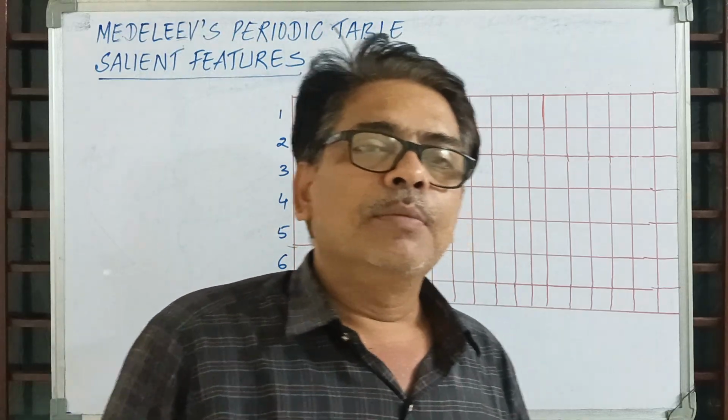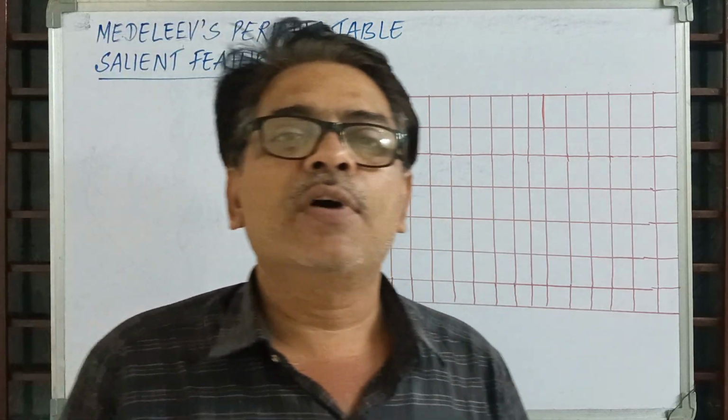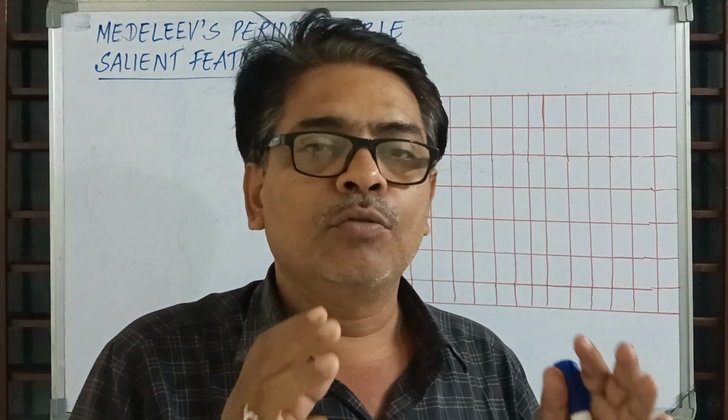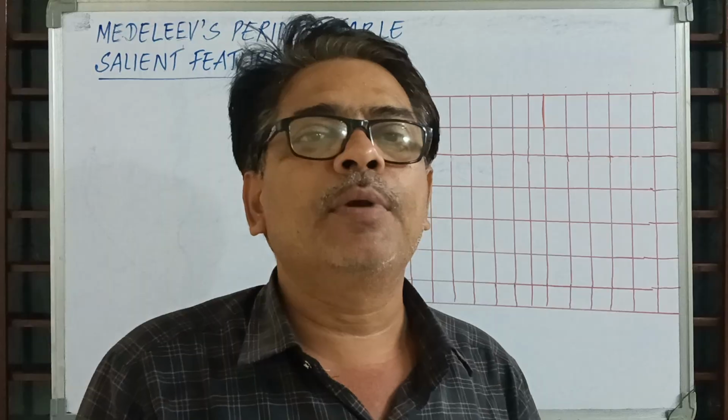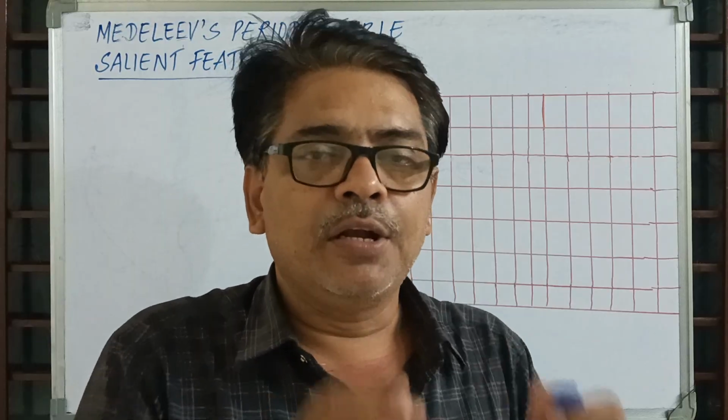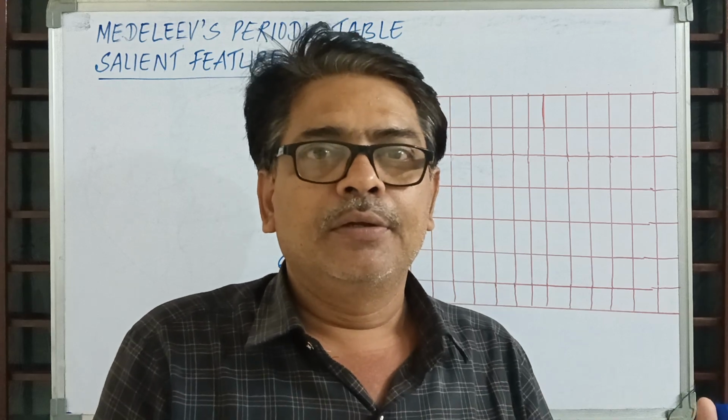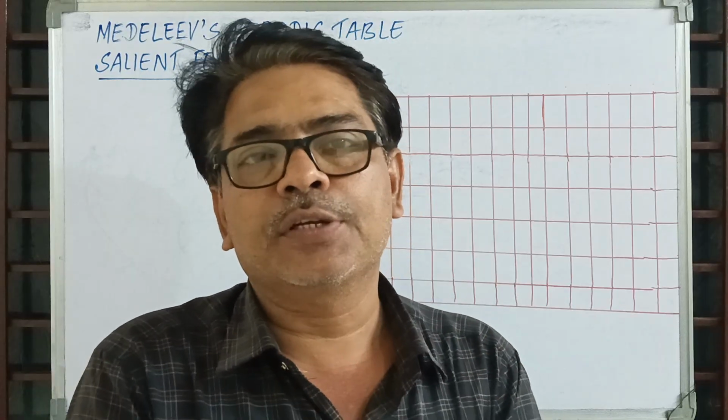Mr. Mendeleev was also called the father of the periodic table because he arranged the elements which were available at that time, 63, in a definite pattern. And to this day, you don't find much difference in that pattern. Only the design changed, because of the electronic configuration.